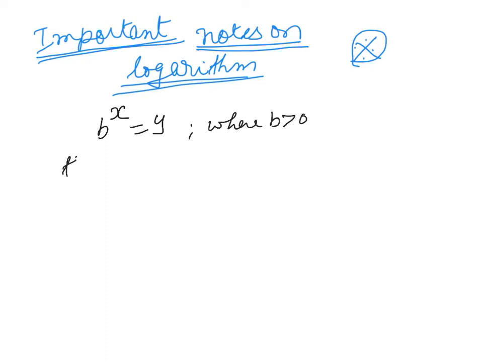Then by laws of logarithm, log of y to the base b is equal to x. We had made x the subject of the formula. Now here b is positive. We are not learning where b is negative in the case of exponents. So also the logarithm is only defined for positive bases.